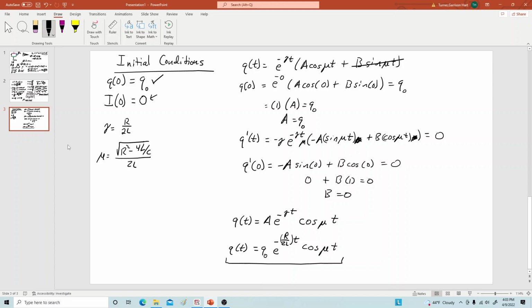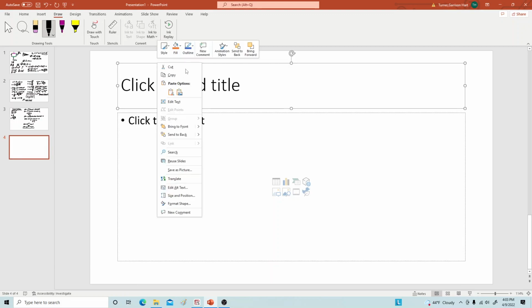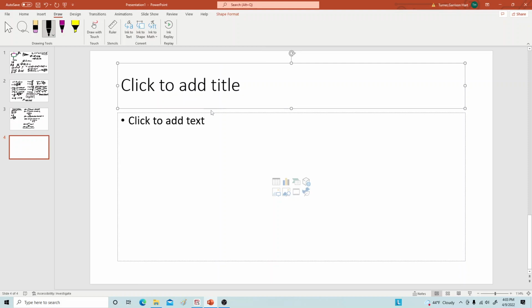Now, I'm going to do an added bonus here, and I'm going to add a Python video that talks about how to do a numerical calculation of this form. Okay?